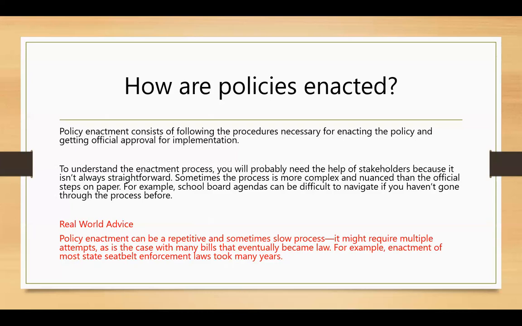Now, real world advice on this. Policy enactment can be repetitive, and sometimes it's a slow process. You better believe it's going to be slow. And it might require multiple attempts because they may want you to rewrite something. You may find a commissioner that refuses to sign off on it, a manager that's refusing to enforce it until it's actually fixed. Think about this: seatbelt laws took forever to happen.